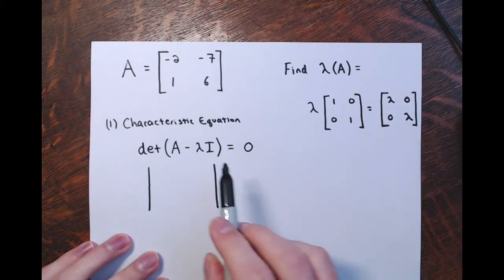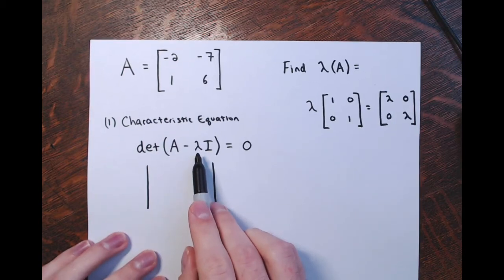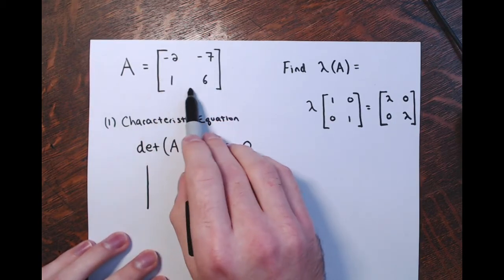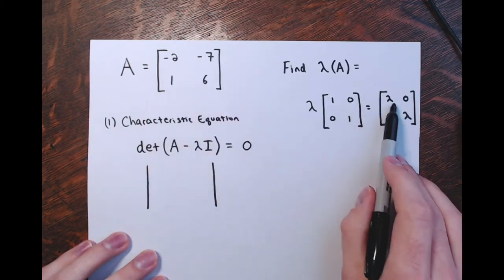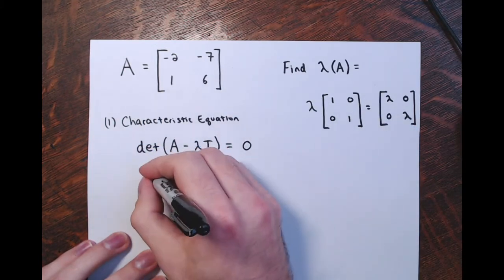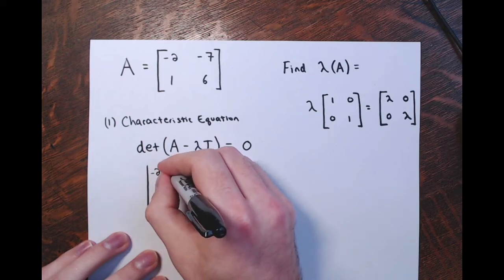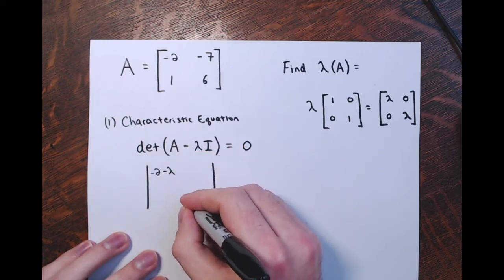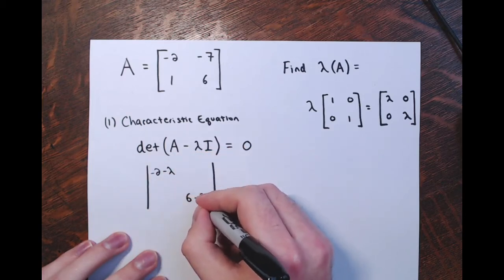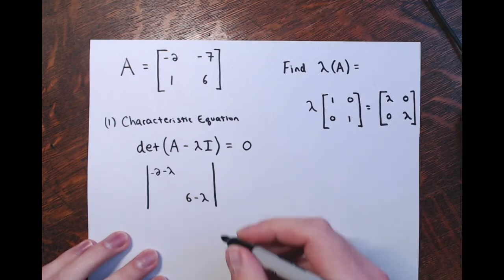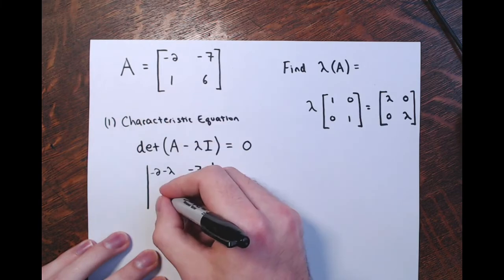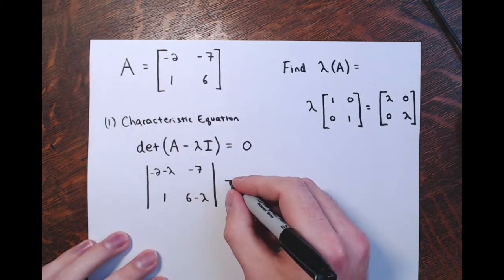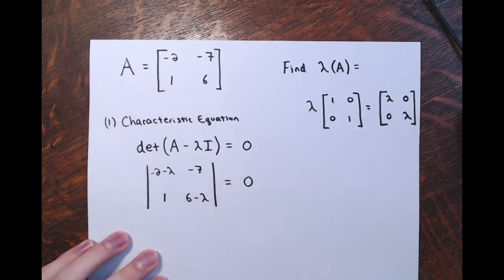So for A minus lambda I, just write the entries of A and subtract lambda down the main diagonal. So we have -2 minus lambda, 6 minus lambda, and then all the other entries keep the same, -7 and 1. And we're asking, when is this going to be equal to 0?